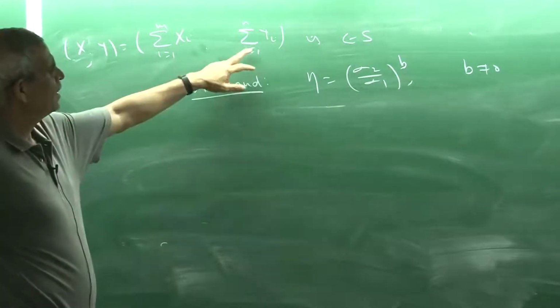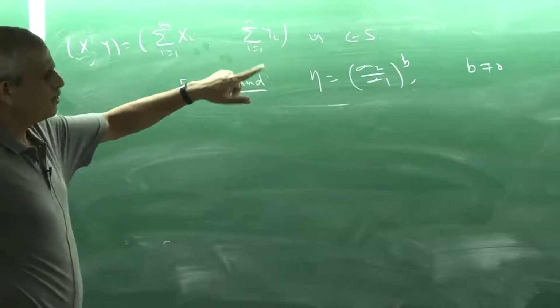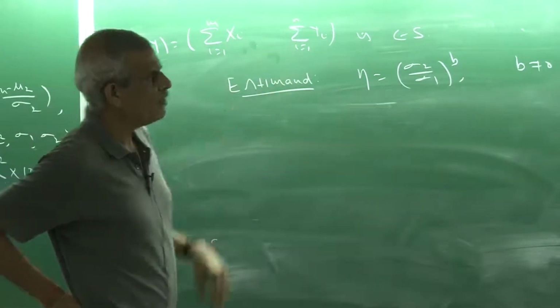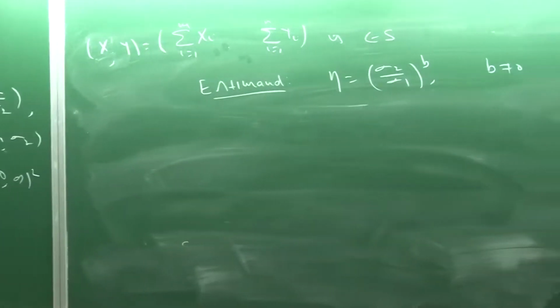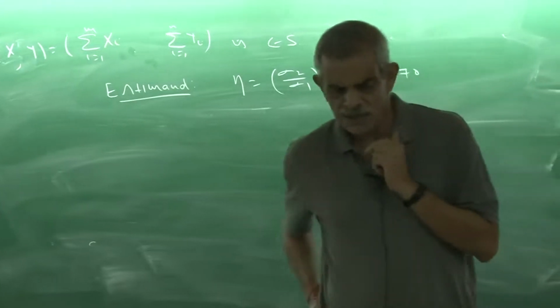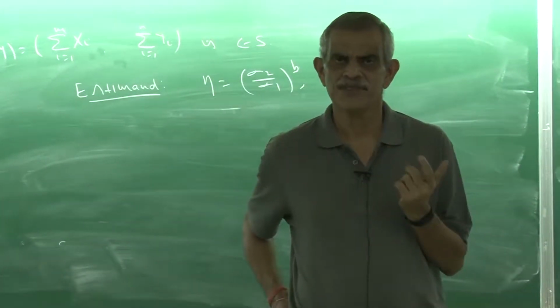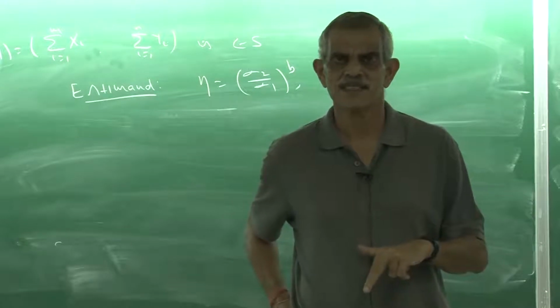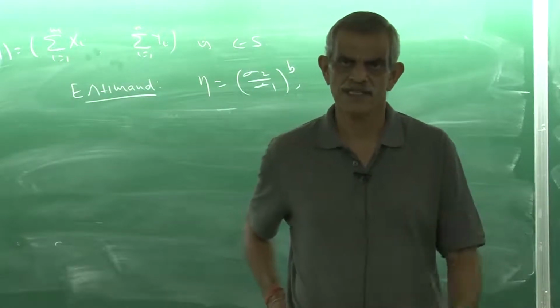So certainly, because you are interested in sigma 2 upon sigma 1 to the power b, expected value of yi is sigma 2. Expected summation xi is m sigma 1, expected summation yi is n sigma 2.